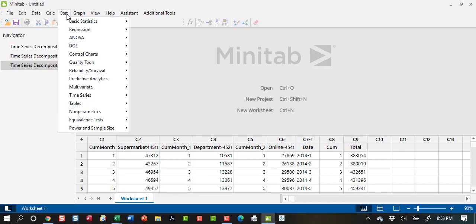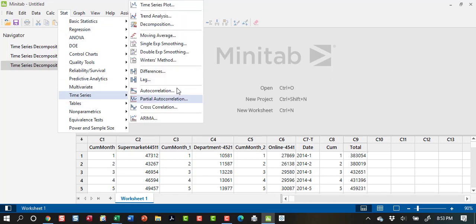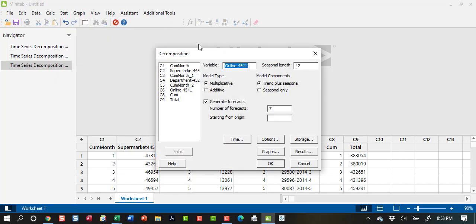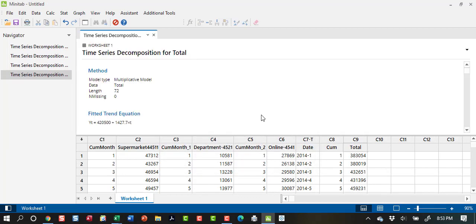So now, we're going to X this out. We'll start fresh. Statistics, time series, decomposition, and now I want total in there. Monthly data, the seasonal length is 12. Generate forecast for 7. Now I have the total. So this is going to answer my question. Here we go.